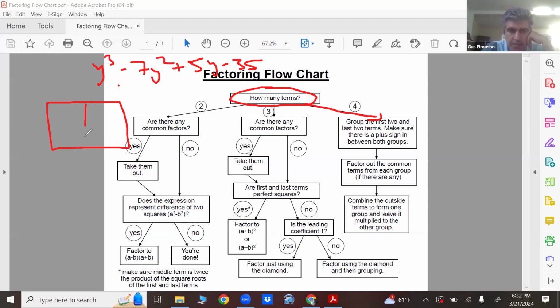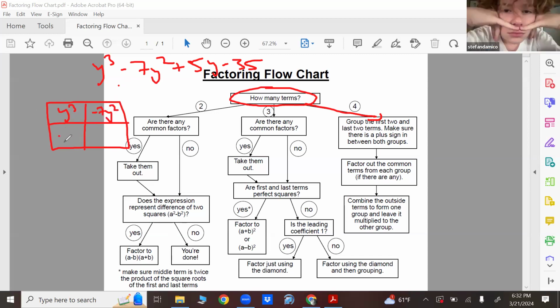I mean, you are grouping in some way, I suppose. So y cubed, negative 7y squared, 5y, and negative 35. Tell me, what can you take out of that first row? We have y cubed, negative 7y squared. Okay, well, hold on. What's smaller, y cubed or y squared? Y squared. You take out y squared.